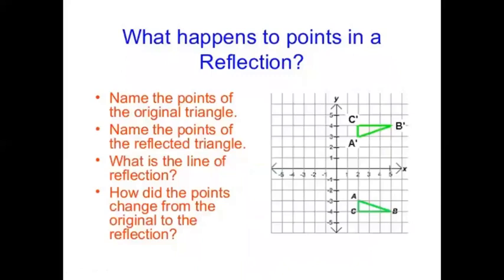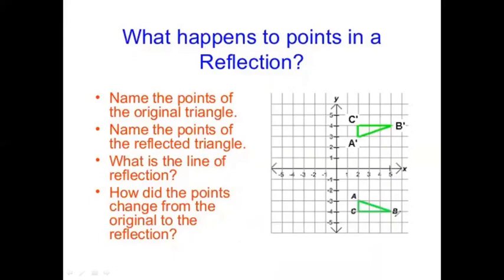Okay, so we have 7 minutes. Now name the points of the original triangle, name the points of the reflected triangle, and what is the line of reflection. Okay, so as you can see, triangle ABC is this one. So this is the object. Why again is this the object?